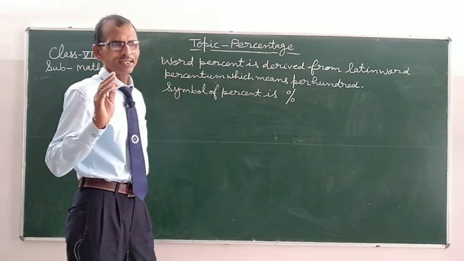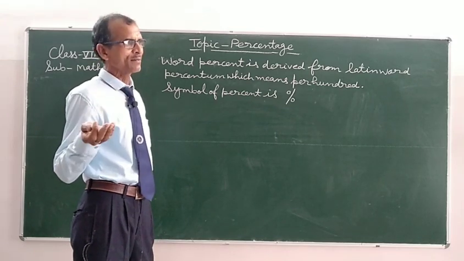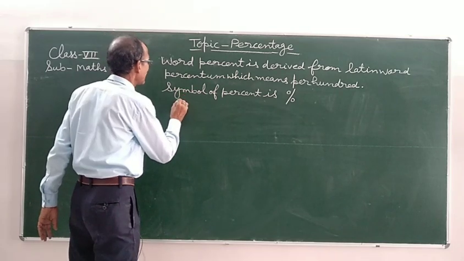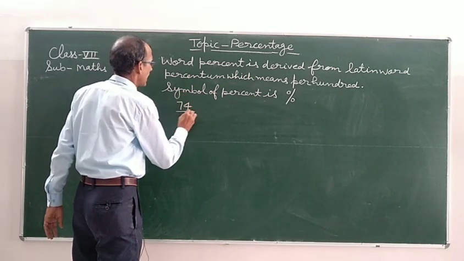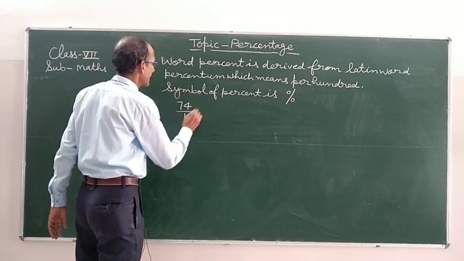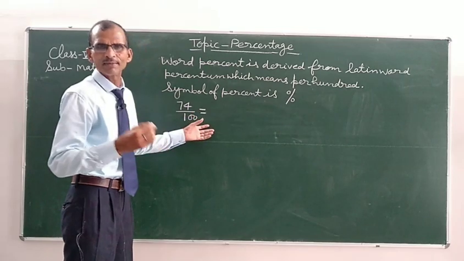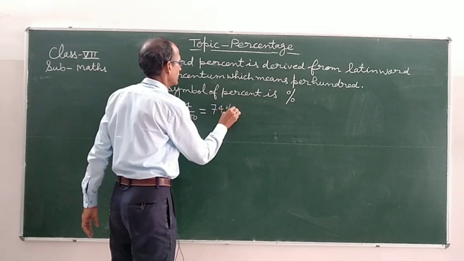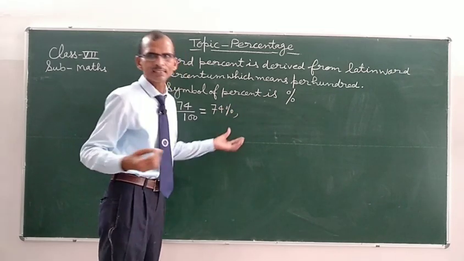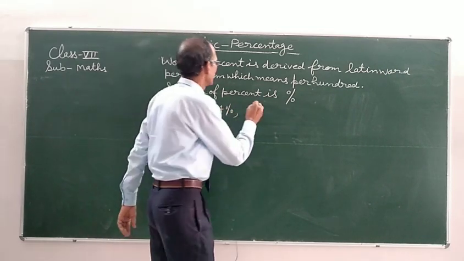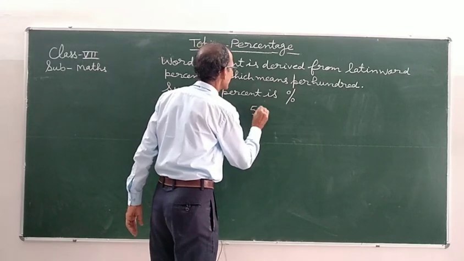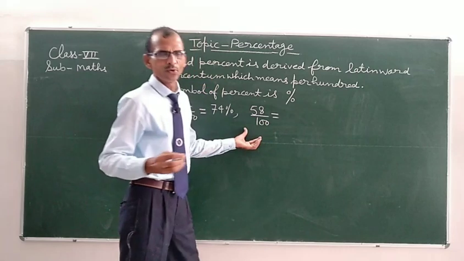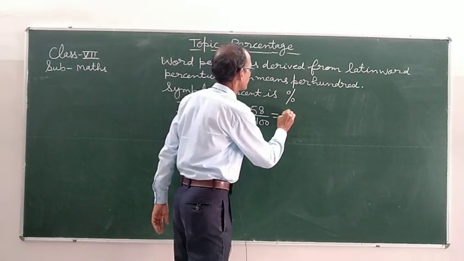Suppose in a half yearly examination, some students got 74 out of 100, then that is equal to 74%. Another student scored 58 marks out of 100, then that is equal to 58%.